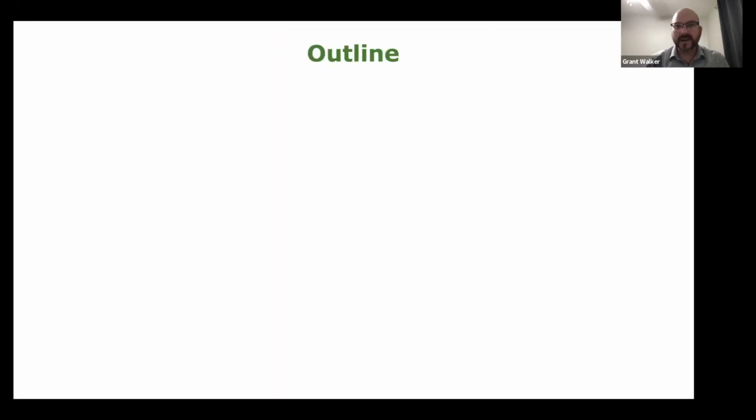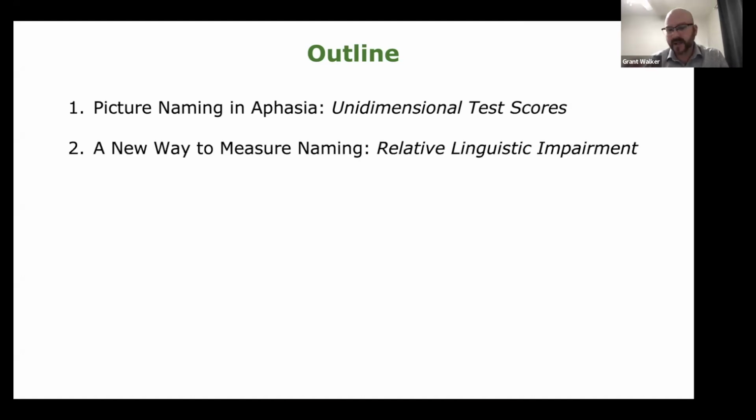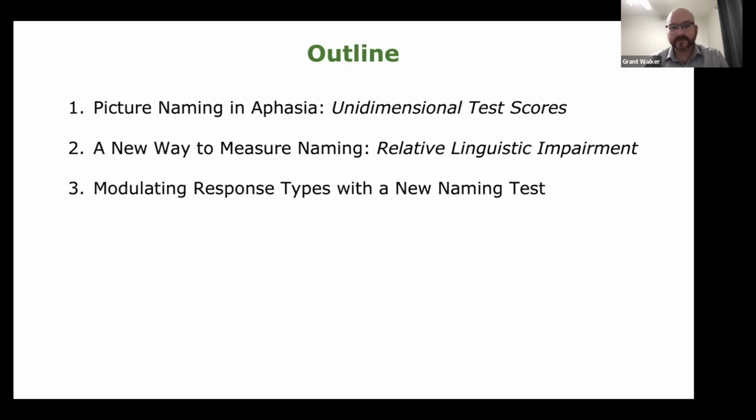So let's take a look at what we'll be digging into here. I want to start with a little bit of an overview, probably review for most folks, talking about picture naming and aphasia, how it's usually used in terms of a unidimensional test score. I want to talk about a new way to measure naming, using this concept of relative linguistic impairment, that you're worse on some parts of language than others.